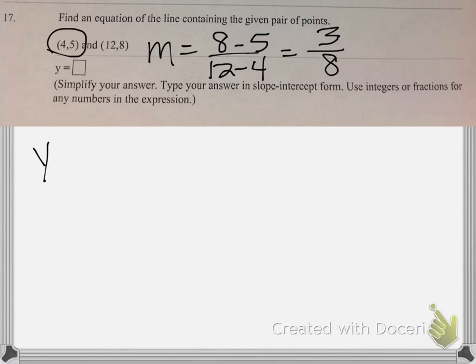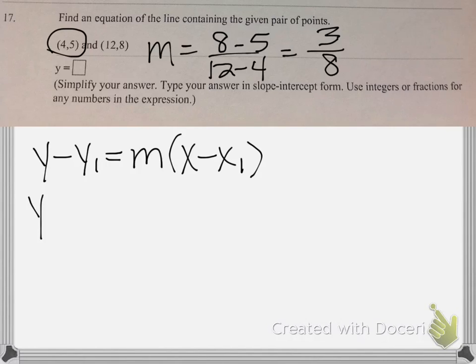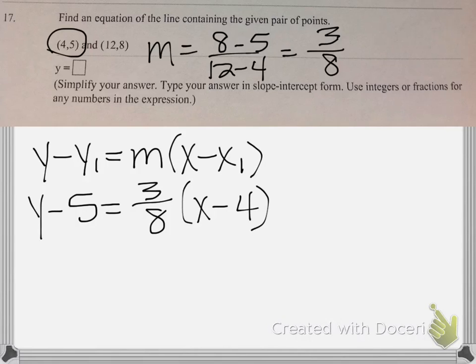And I'm going to do y minus the y1 equals m times x minus x1. So y minus my y coordinate, so 5, my slope of 3/8, x minus my x coordinate. And now, because they want me to put it in slope-intercept form, I got to get y by itself, so I'm going to distribute. That's going to give me 3/8 x, and 3/8 times 4 is 3/4? 3 halves.